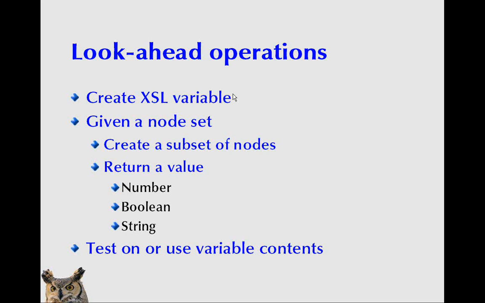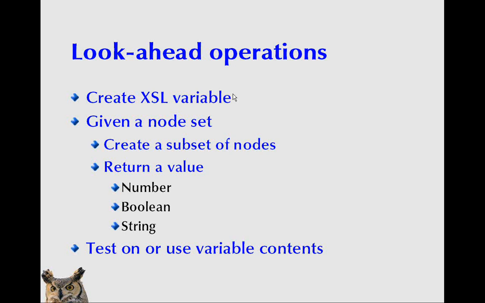You can create a subset of those nodes, so you can say, make a collection of all nodes of element X. You can also, given that node set, return a value. You take a node set and you run an XSL transform, and that transform then returns a number, or perhaps a Boolean value, or perhaps even a string. And then you can test on that returned value.